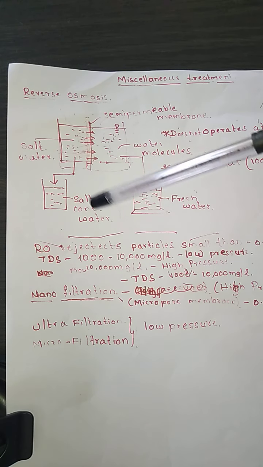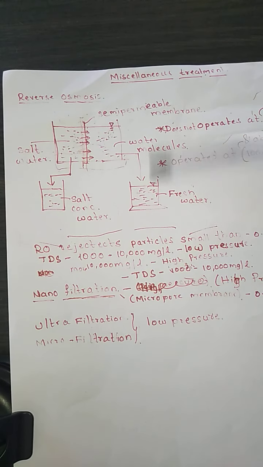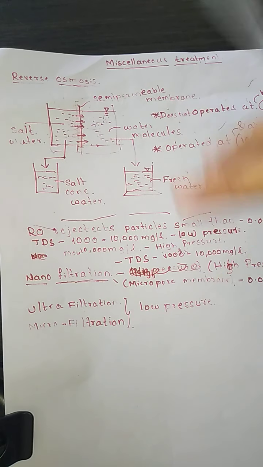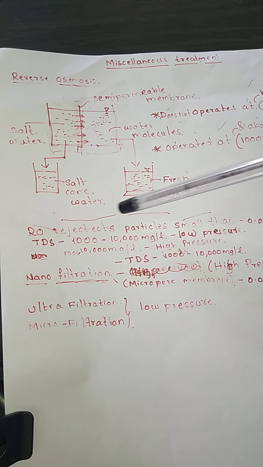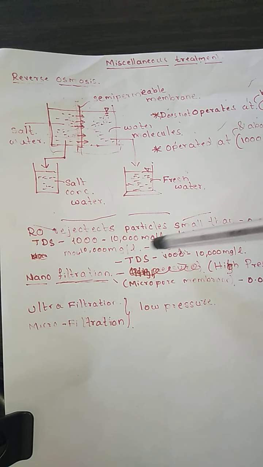Okay, now the RO is going to reject particles smaller than 0.001 micron. Whereas it is restricted to total dissolved solids of up to 1000 to 10,000 mg per liter, with low pressure. Now nanofiltration works under high pressure, and it takes the water of hardness using a micropore membrane with 0.001 microns.